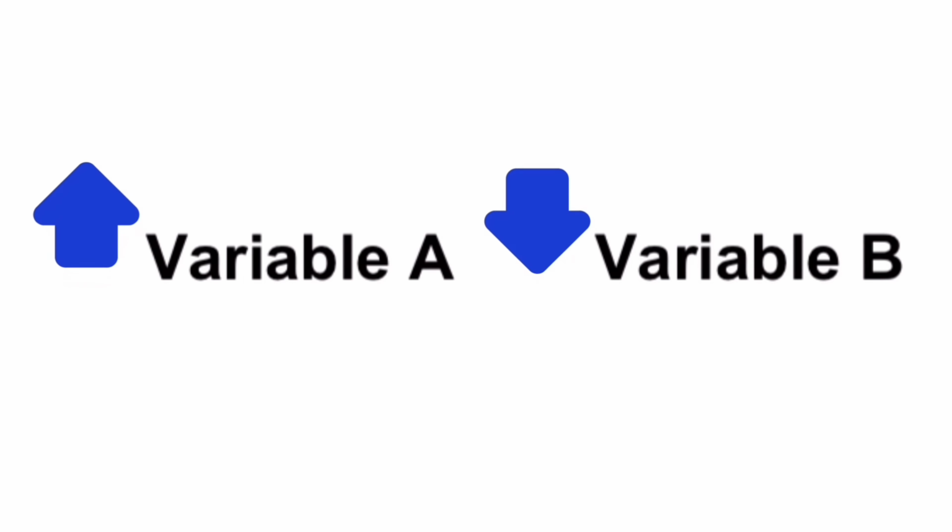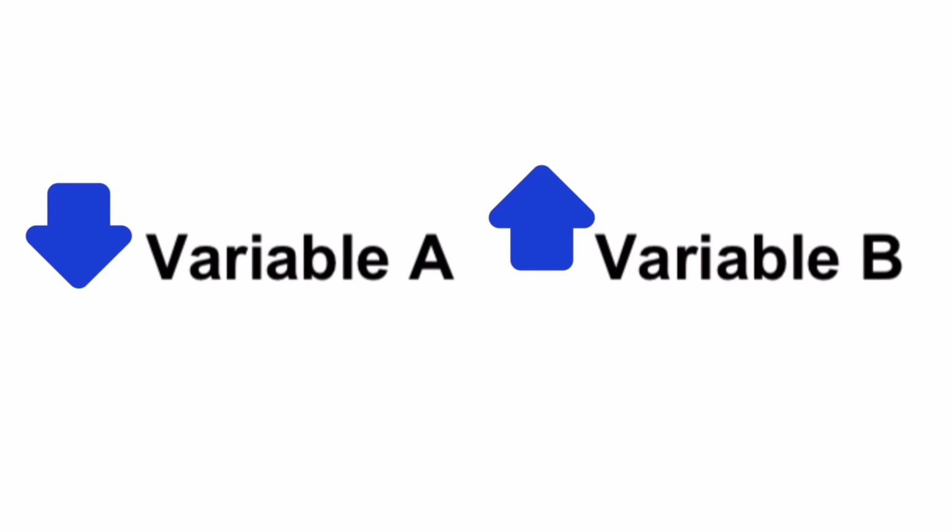Notice the direction of the arrows: one goes up while the other variable goes down. On the other hand, if variable A decreases, then variable B will increase. Again, the arrows go in opposite directions. And that is what we mean by inverse variation.